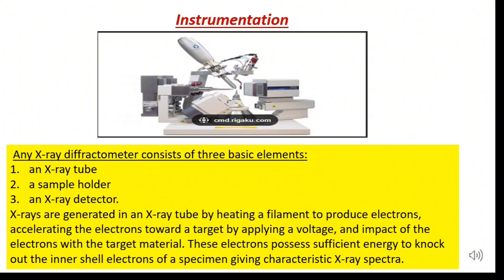On impact, the electrons possess sufficient energy to knock out inner electrons of the target material, giving characteristic X-ray spectra.